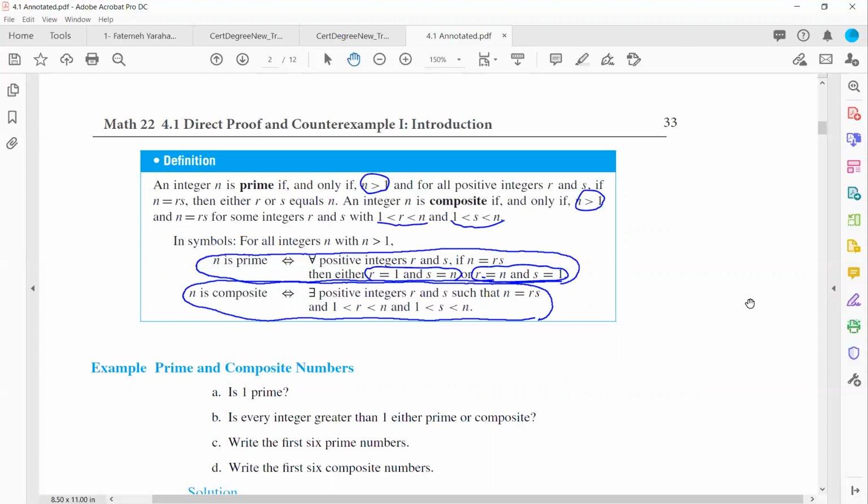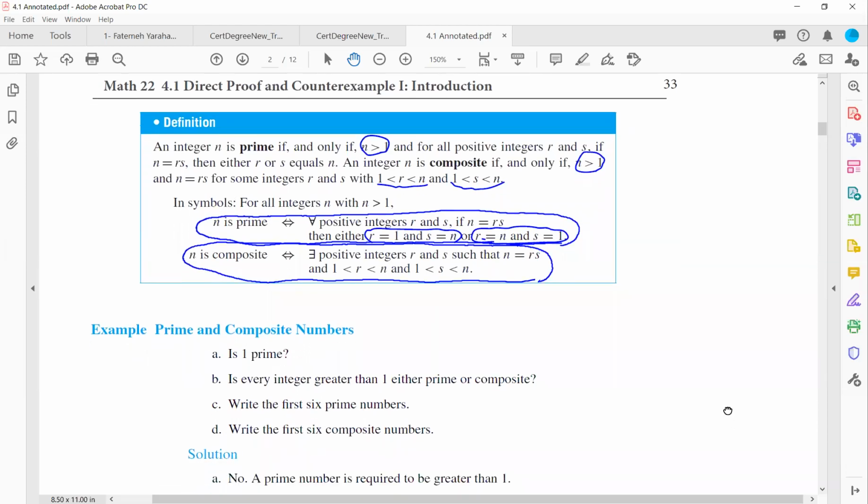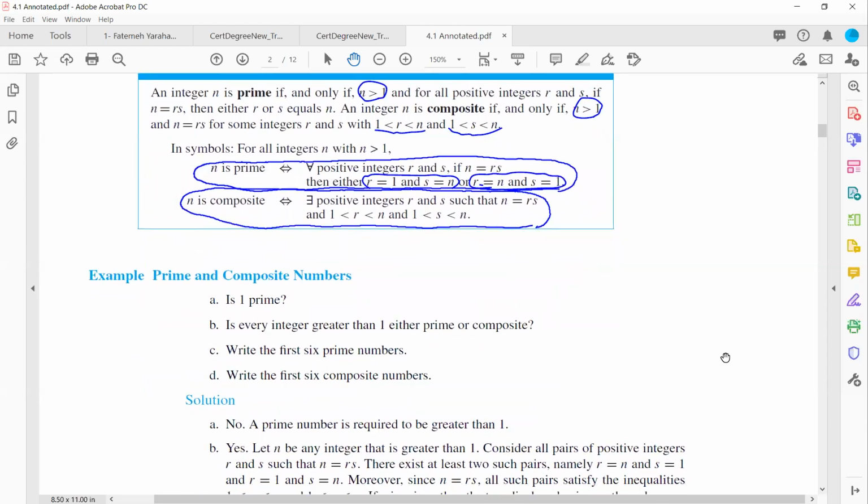This is a common mistake between students. They think 1 is prime. Take a look at the definition. An integer is prime if and only if that integer is absolutely greater than 1. 1 is not prime nor composite.